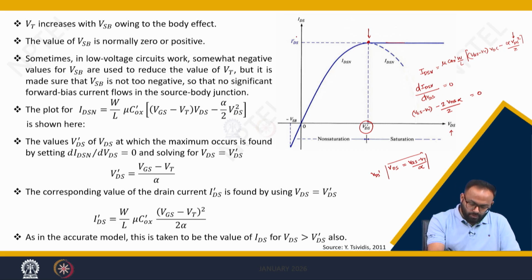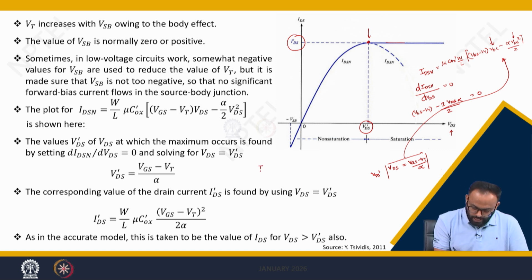VDS dash is the value of VDS at which the pinch off occurs, beyond which my current is getting saturated. Now can I calculate the IDS dash by using this? Yes, at this value of drain voltage VDS dash, my current is getting saturated. So you can put this back into the current equation and calculate it. IDS dash equals W divided by L mu into COX dash VGS minus VT.